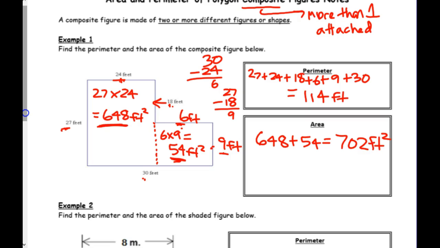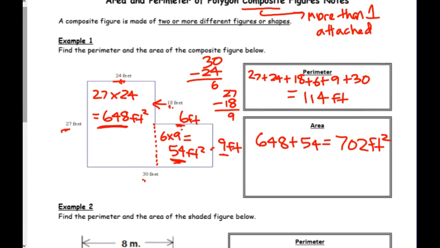Okay, so that's composite area. Two areas, add them together. Maybe there's more than 2 sometimes, you know.